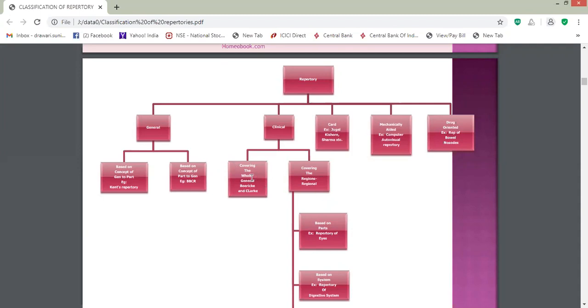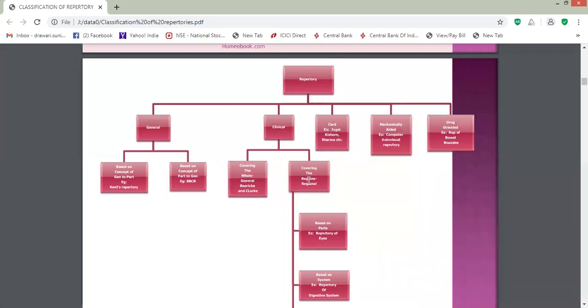Examples of covering the whole are Boericke's general clinical repertory and Clarke's Repertorium Generale, which is in 6 volumes. So these are the examples of general clinical repertories, the clinical repertories which cover the whole person.